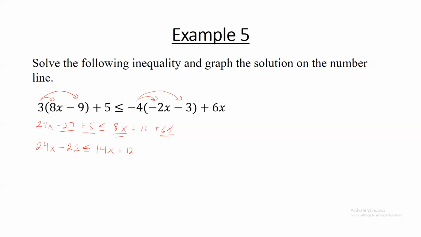Now, we have an issue with our x's being on opposite sides of the inequality sign. So just like with equations, we can just get rid of the 14x by subtracting 14x from both sides.